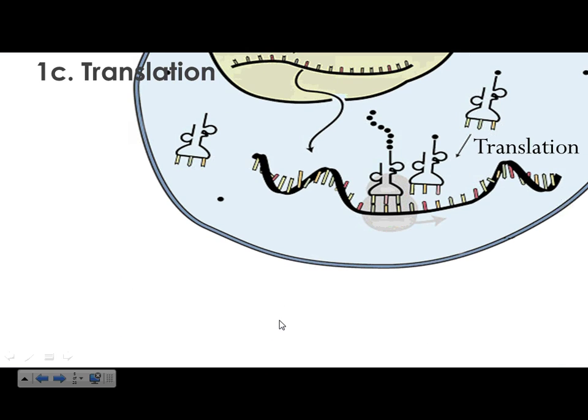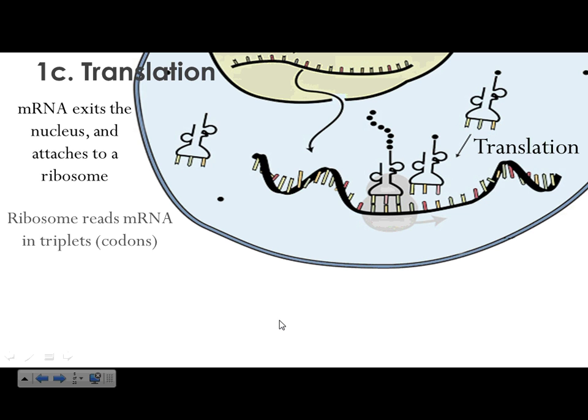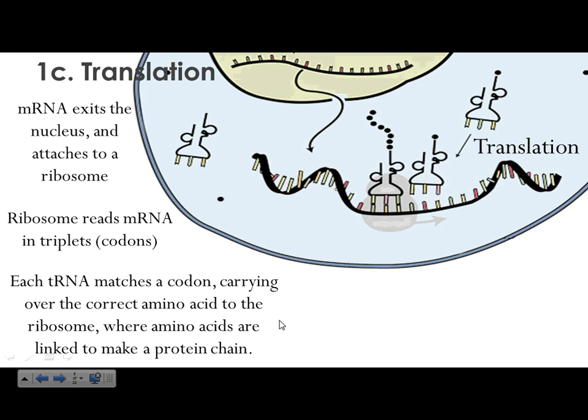Translation occurs in the cytoplasm of the cell. So first, the mRNA needs to exit the nucleus, and it's going to attach to a ribosome. The ribosome is going to read the mRNA in sets of 3. So each 3 mRNA bases represents a codon. Each tRNA matches that codon. So each tRNA molecule has an anticodon that matches the codon in the mRNA.